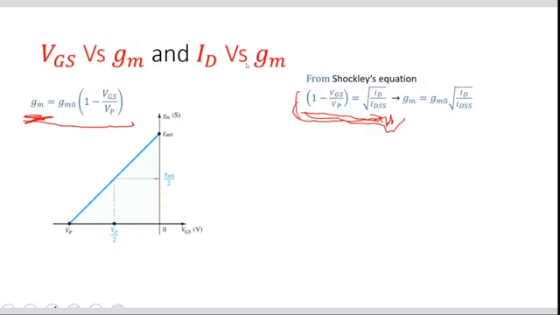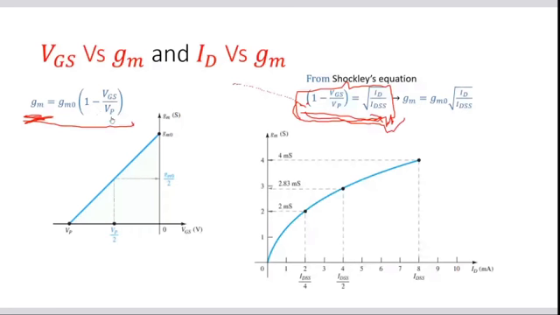I'll show you, this 1 minus VGS by VP is replaced in this equation of GM. Then we will be getting the final equation as GM is equal to GM0 into root of ID divided by IDSS. Okay. Now GM is represented as a function of drain current.